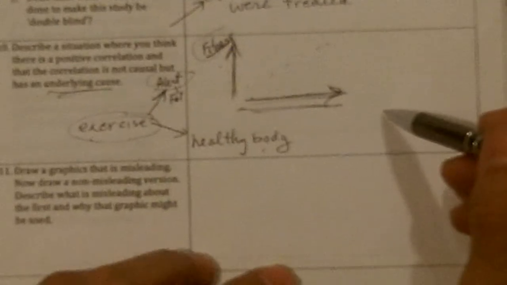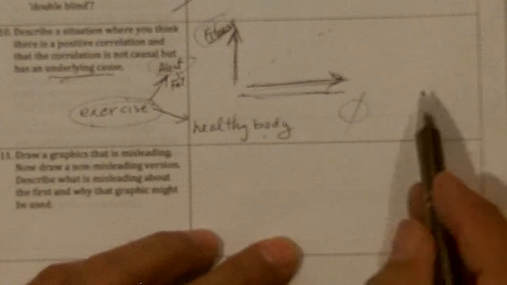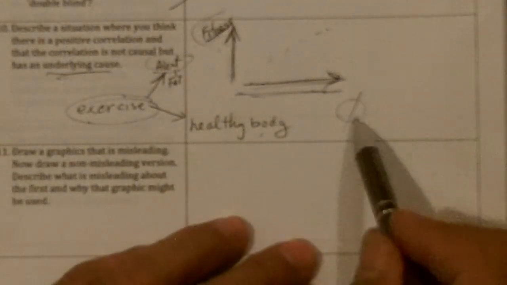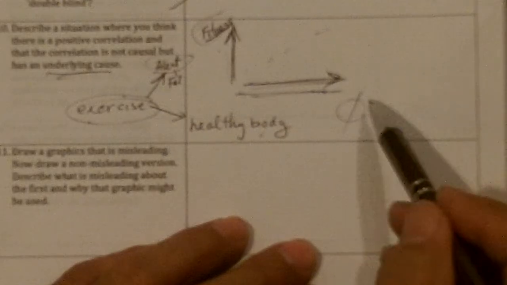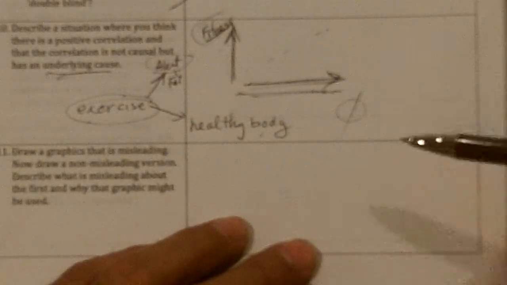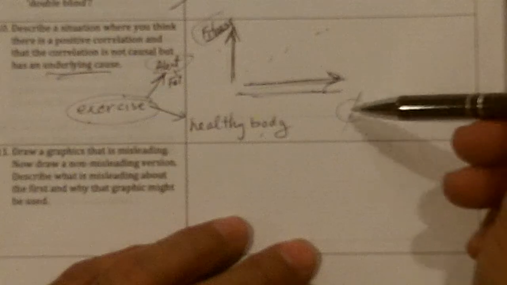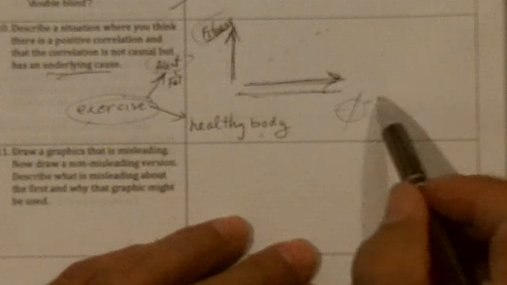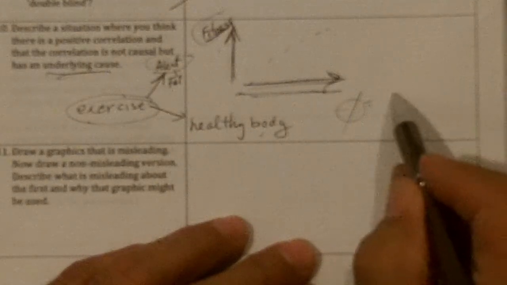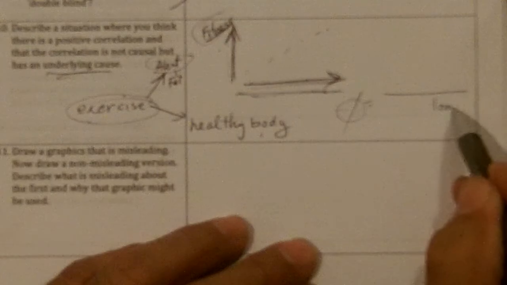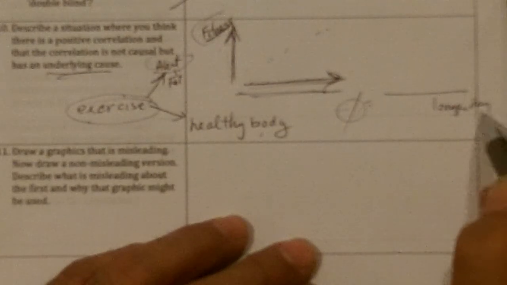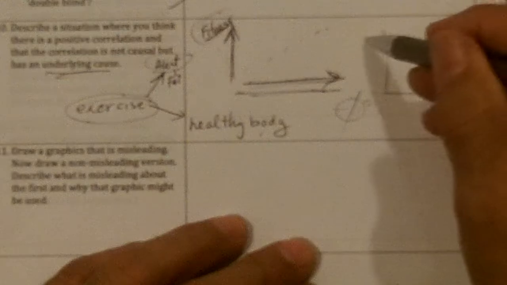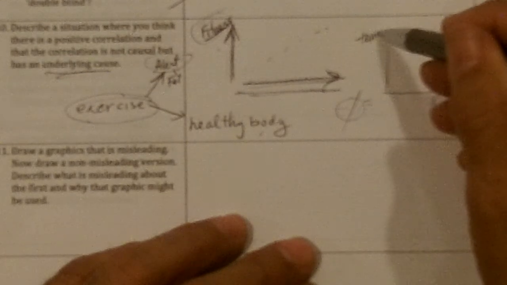Another possibility is the tilt of the earth, for example. This is one I use because I kind of do physics stuff. As we go from winter to summer, the sun moves higher and higher over the northern hemisphere, and so the time of the year causes longer days, and it also causes the average temperature to go up.